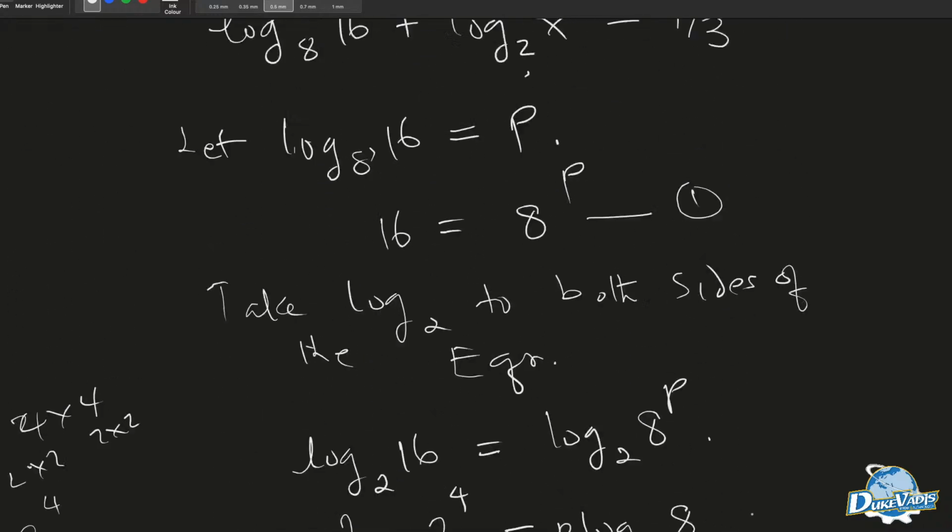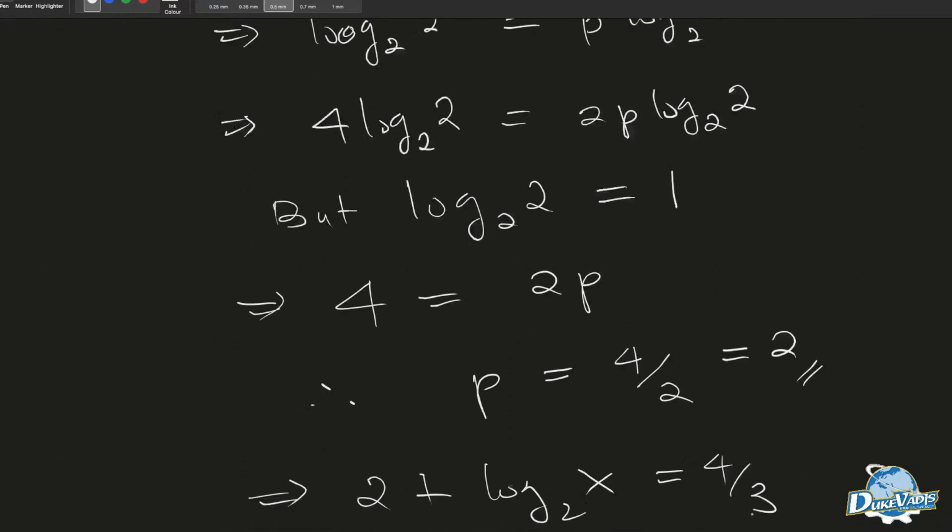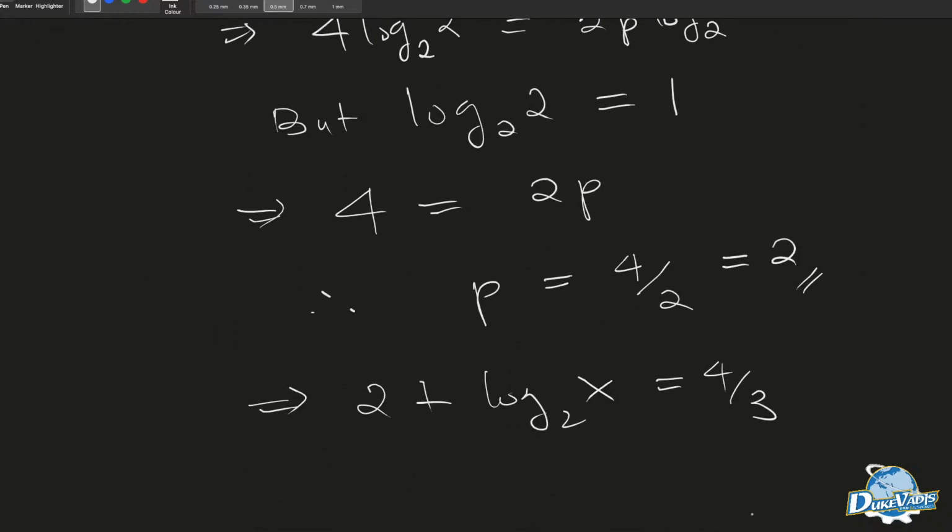Friends, have you seen it? So how do we solve it? It's now easy. Subtracting 2 from both sides, we get log base 2 of x equal to 4 over 3 minus 2.